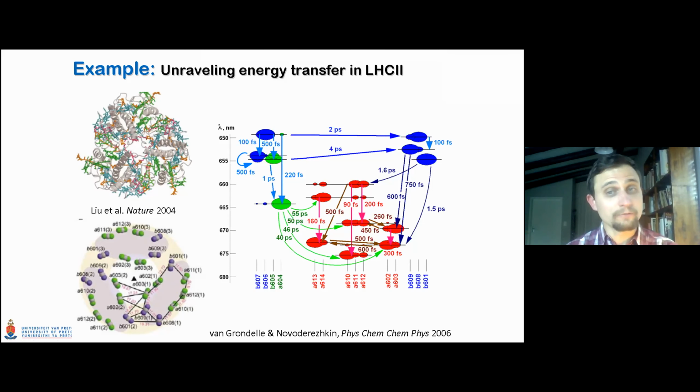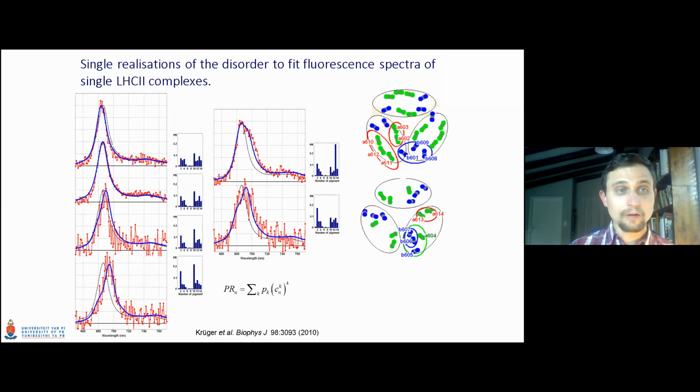So this is one very small part of the big domain of quantum biology, the type of information that one can get in these systems. If one considers different realizations of the disorder, every time you run your simulation, you will get a different result, which does not mean that your simulation is wrong. This is just a sign of the dynamic nature of these systems. So these are dynamic systems.